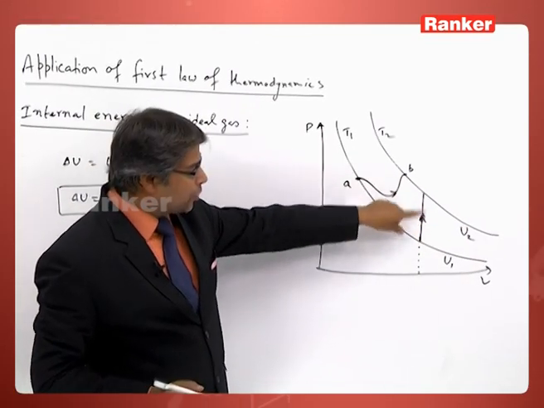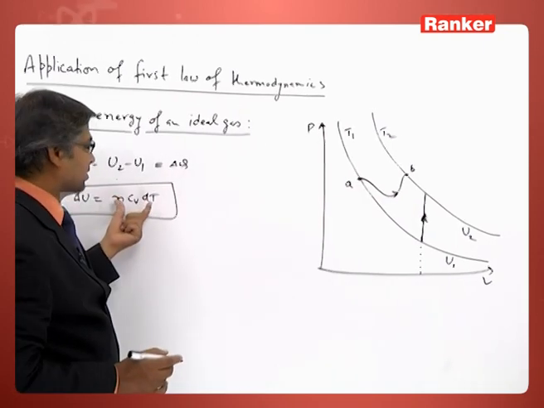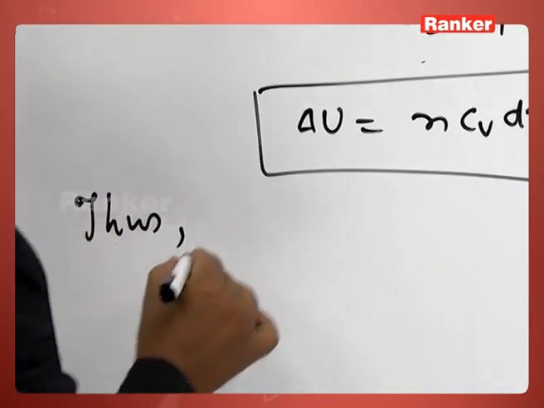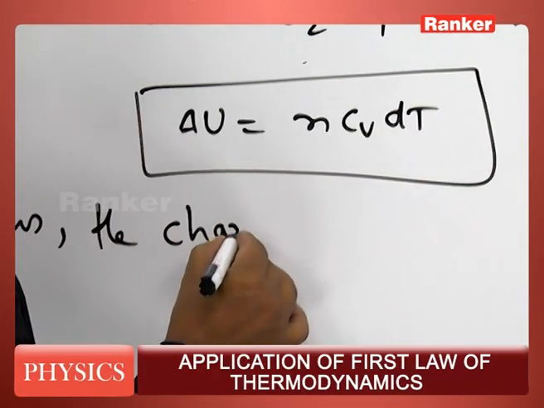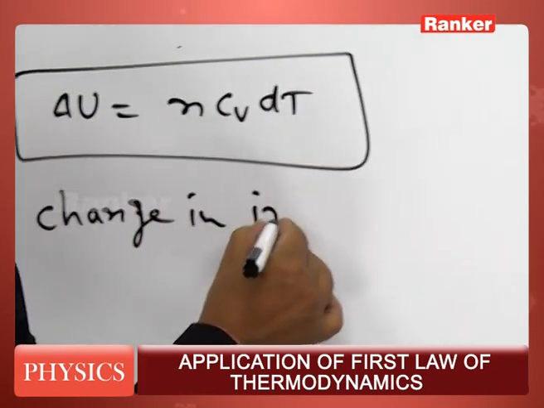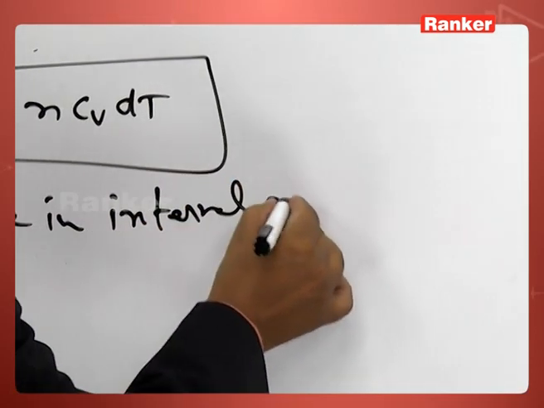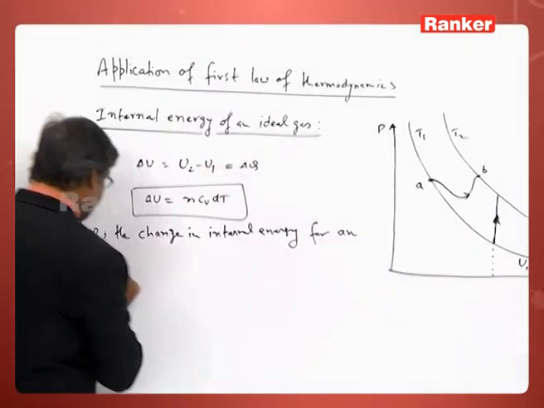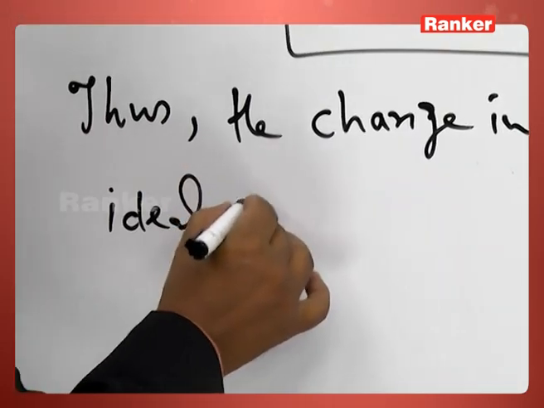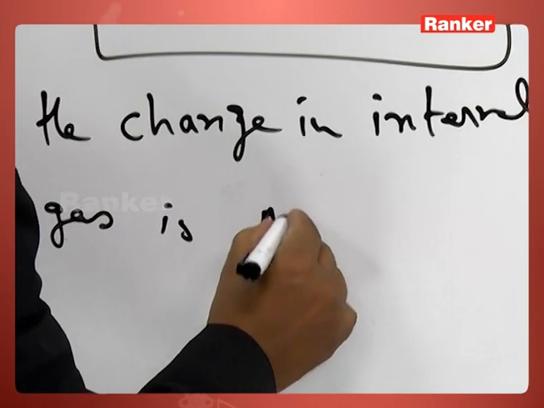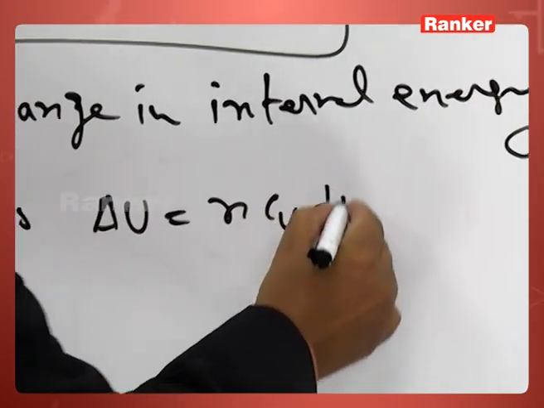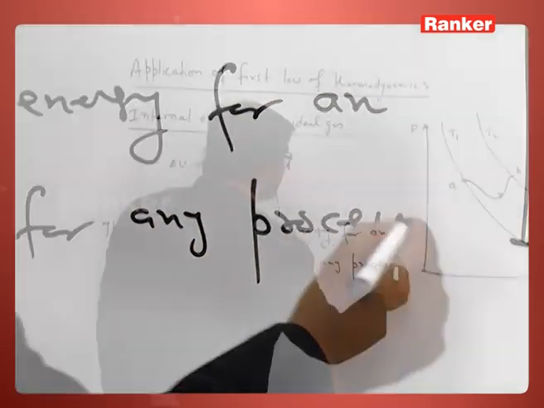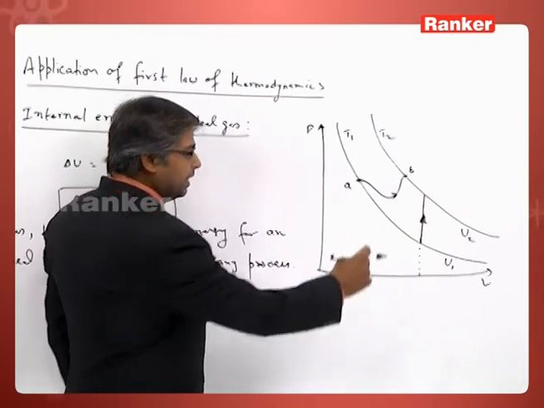Thus the change in internal energy for an ideal gas is equal to nCv dT for any process.